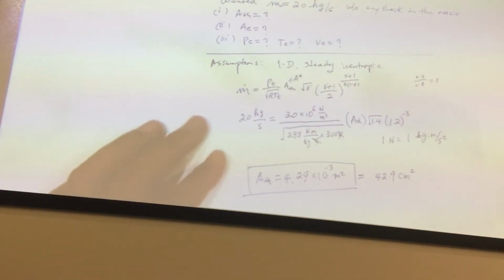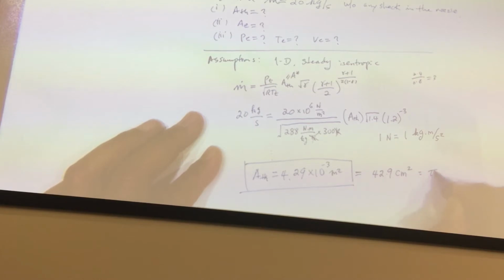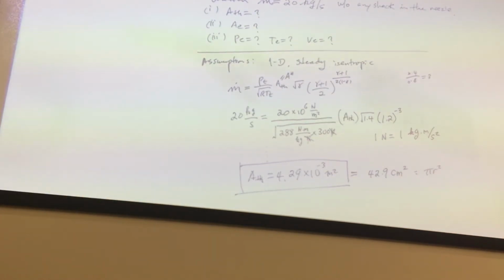And if that is pi r squared, pi is equal to 3.14, so we divide that, it's about 14. So the radius is slightly less than 3 centimeters at the throat. So we probably have a pipe like this, at the throat.